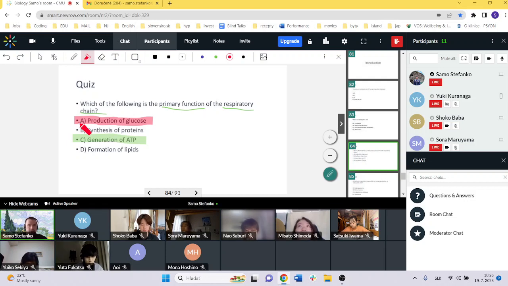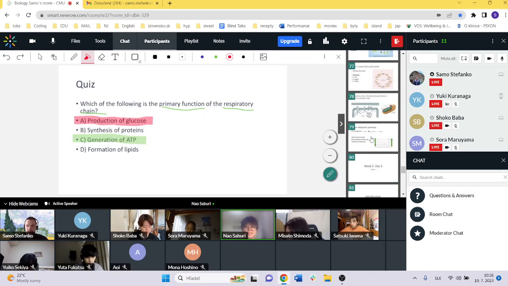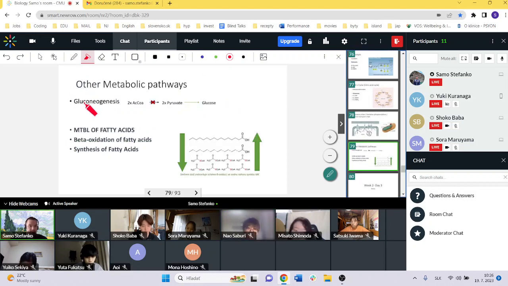In direct translation we can say it's a new production of glucose. Do you remember this pathway? It was at the end of the session. Gluconeogenesis. Perfect, exactly.